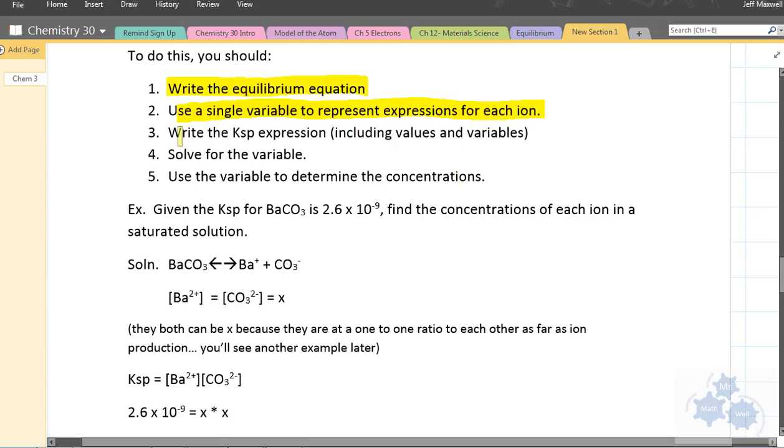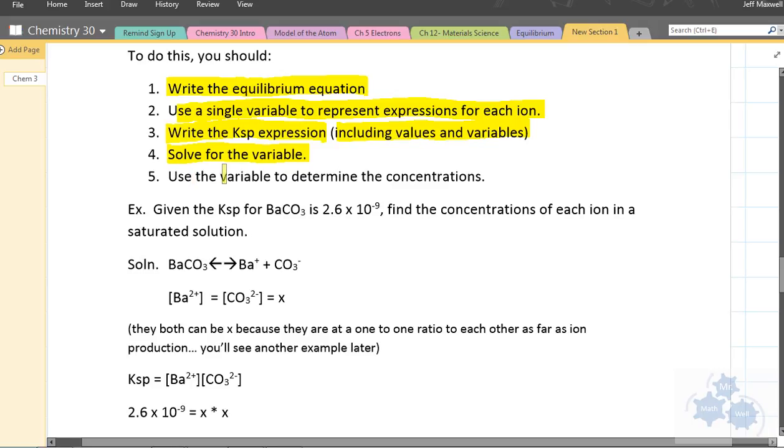Step 3, write the Ksp expression. In that expression, you want to include the value for the Ksp and the variables for the unknown ions. Solve for the variable. You're going to have to do a little bit of math here.